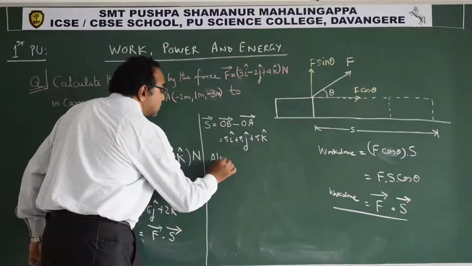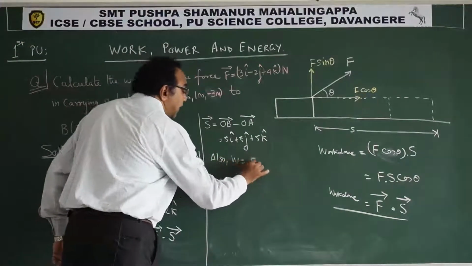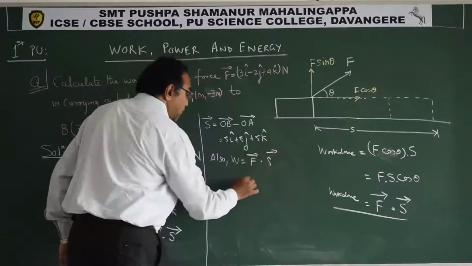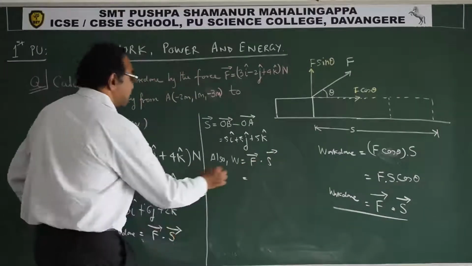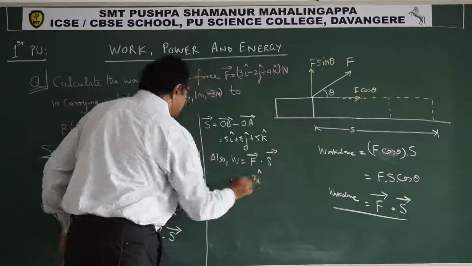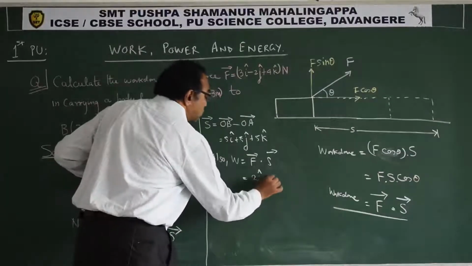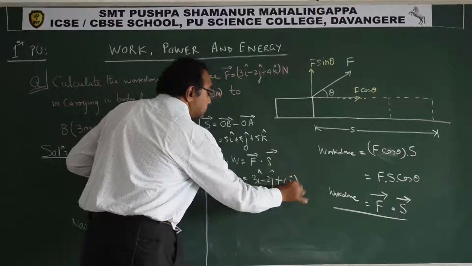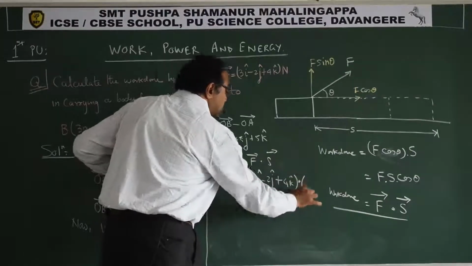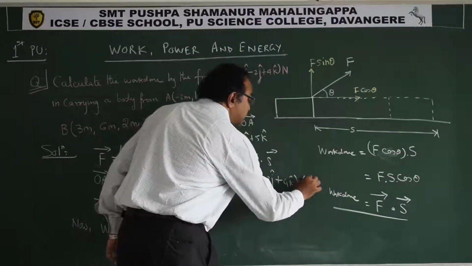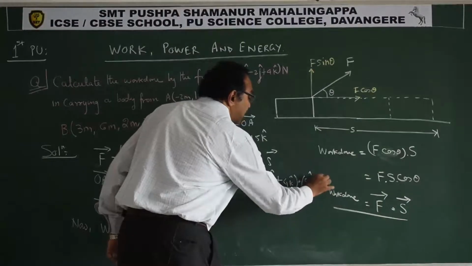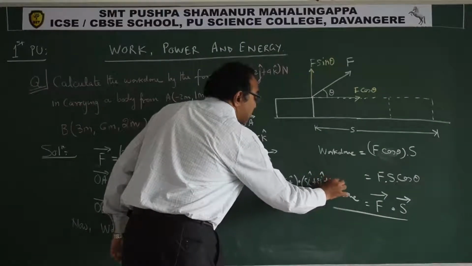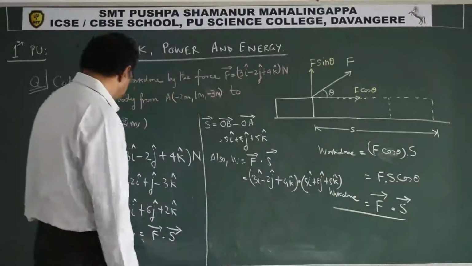Also now W is F dot S. So dot product, F is how much? 3I minus 2J plus 4K dot 5I plus 5J plus 5K. This is what we have.